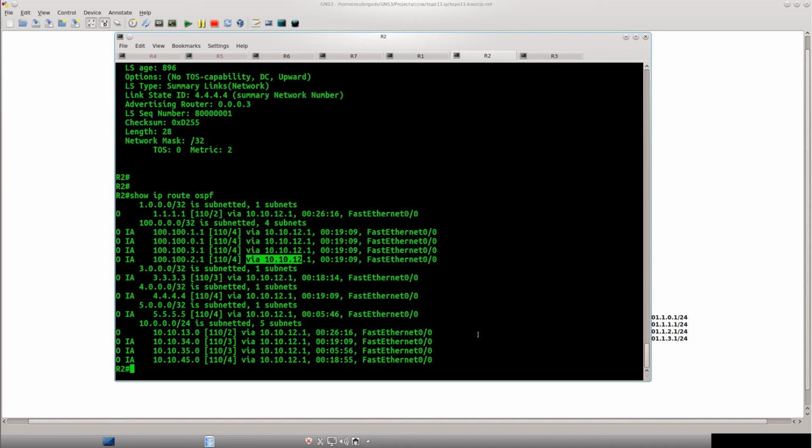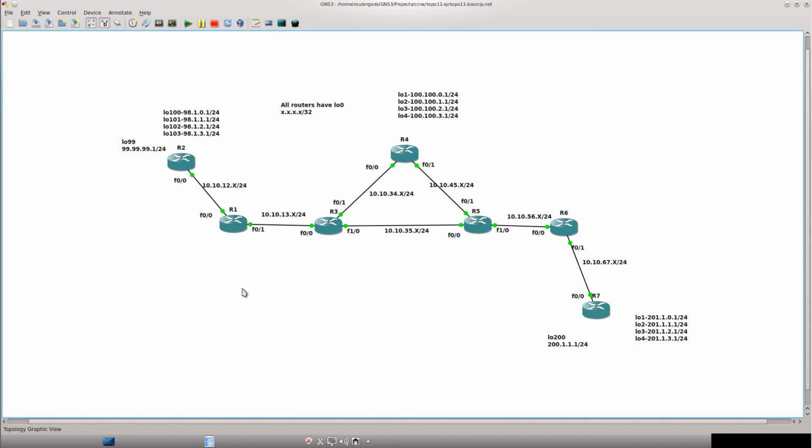It's all 10.10.12.1. And that should make sense, because if you're R2, the only way you can get out is through R1. Right? R2, the only way to get out is through R1.